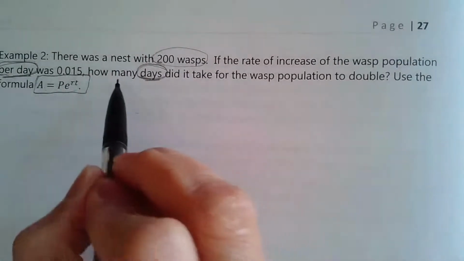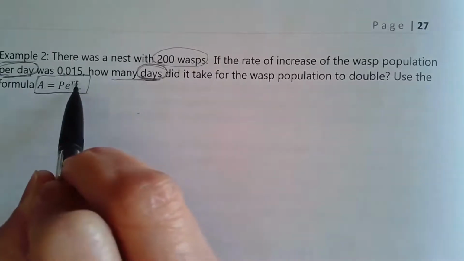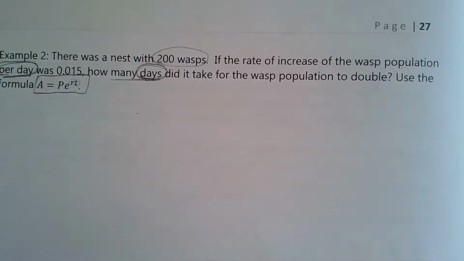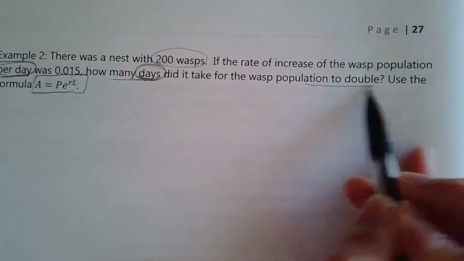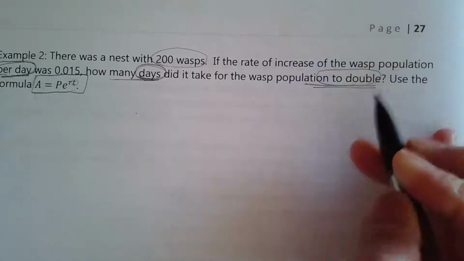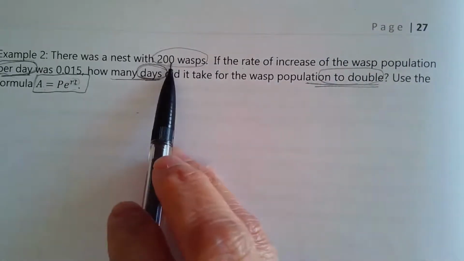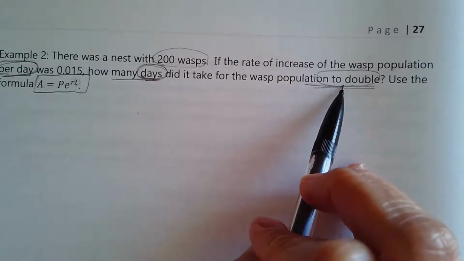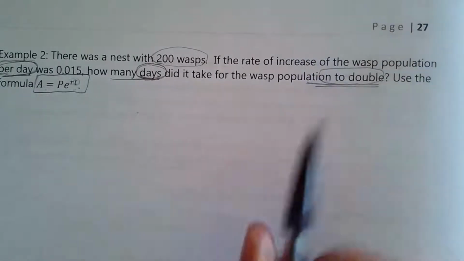Because they're asking for how many days, again, it's the time that we're looking for, and for the population to double. So when they say the population doubles, that means if we started off with 200, doubling the population, it will become 400.